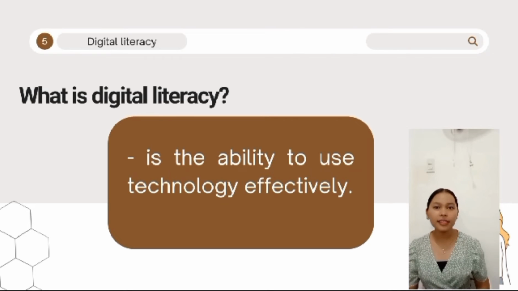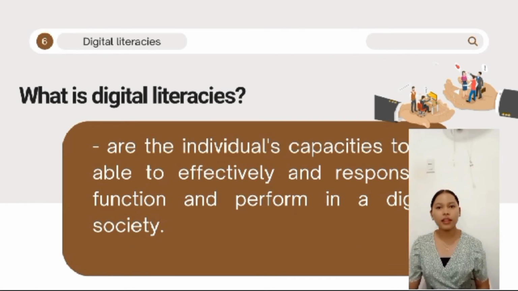So, for our next slide, we have digital literacies. When we say digital literacies, these are the individual's capacities to be able to effectively and responsibly function and perform in a digital society. So, this includes understanding how to use technology, communicate online, evaluate information, and of course, engage with digital tools in a safe and ethical way.